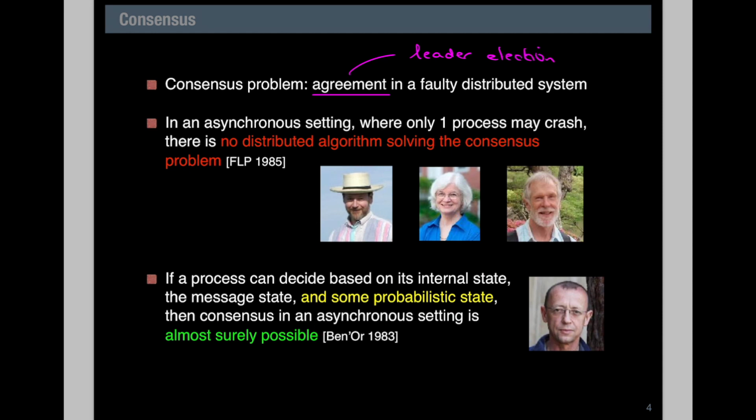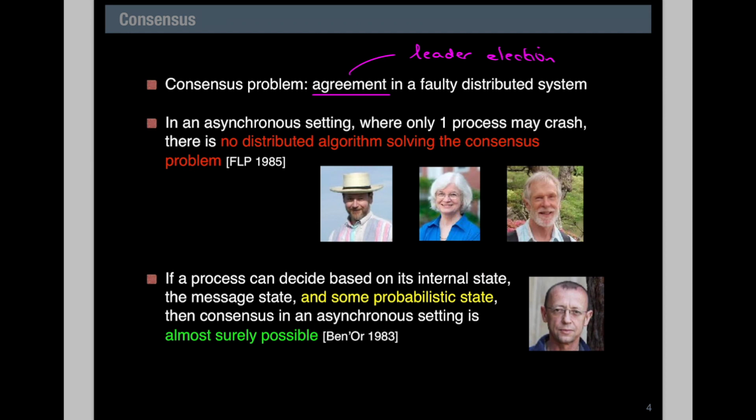So they all have a certain initial value, and after some processing by an algorithm, they have to agree on that value. And in particular the correct processes, the correct nodes, have to agree. And there is the famous Fischer-Lynch-Paterson impossibility result that says if we have an asynchronous setting, so we have an algorithm in which the processes communicate in an asynchronous way, and even only one process may crash, so it's a very limited fault-tolerant scenario, then there is no distributed algorithm that solves the consensus problem.